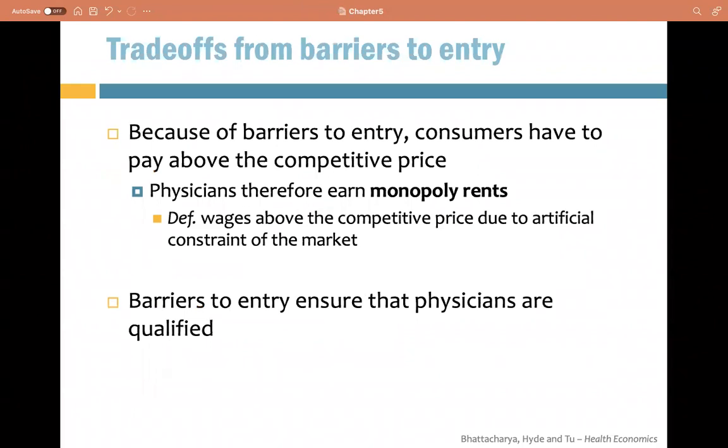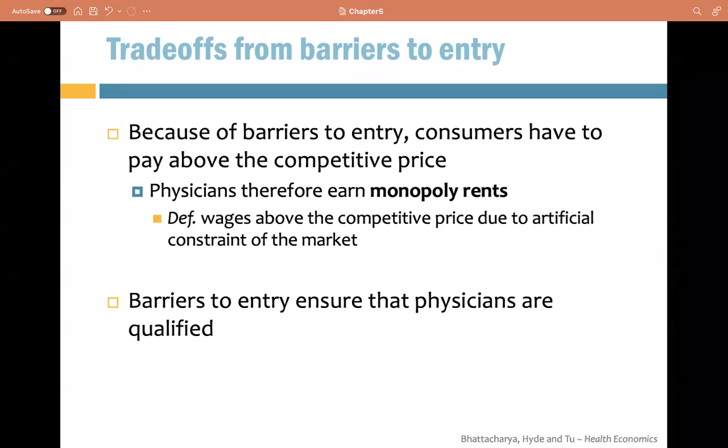All right. So because of the limited supply of physicians or barriers to entry, consumers end up worse off because consumers have to pay above the competitive price to get physician care. And therefore, physicians can earn monopoly rents.